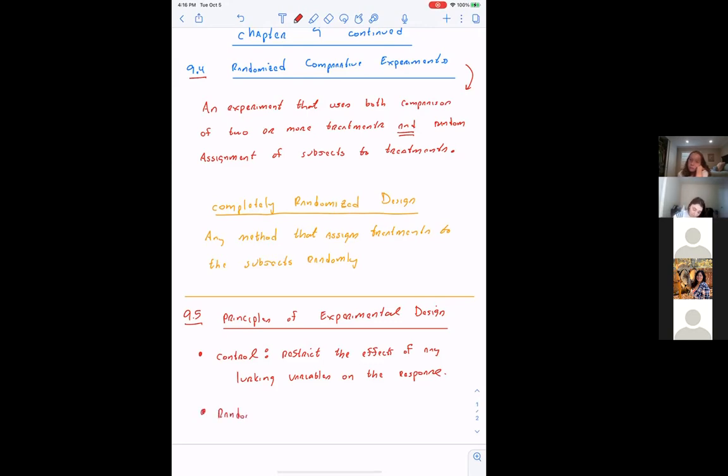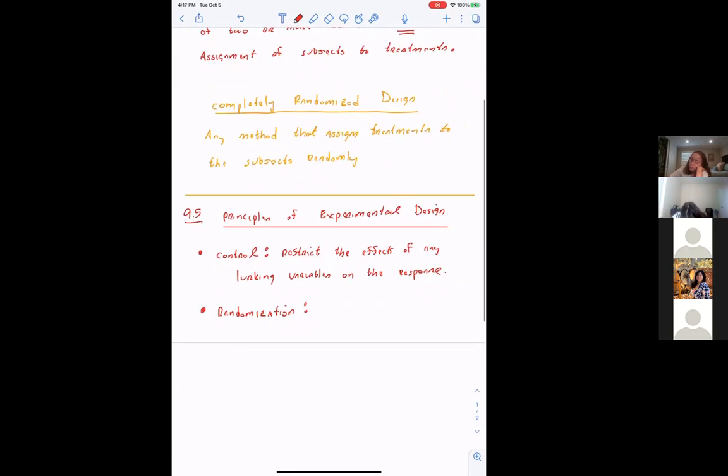Number 2, randomization. Which is obviously, we spoke about randomizing a lot, but it's using chance to assign subjects to treatments.